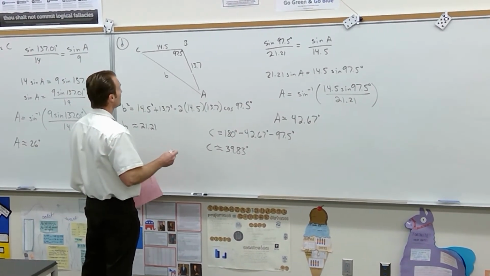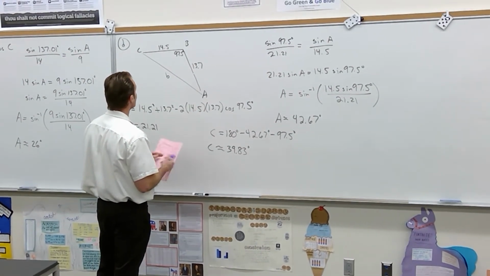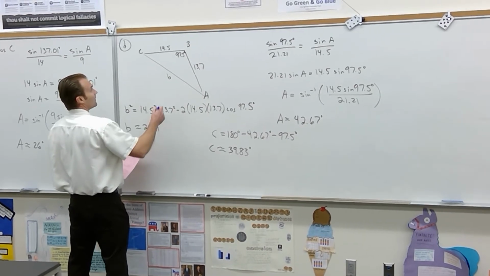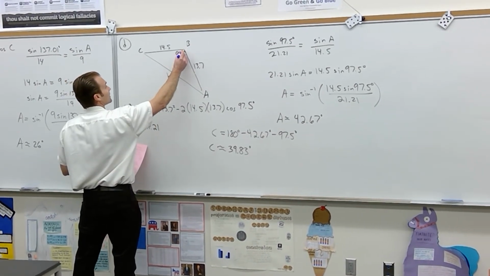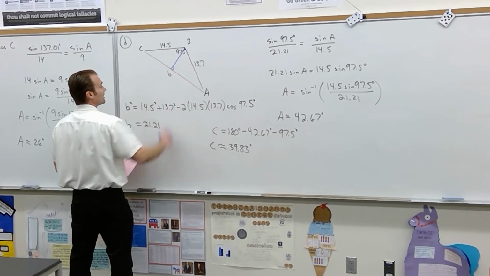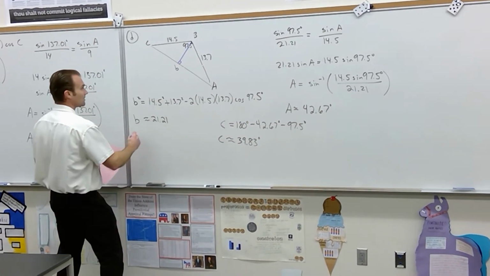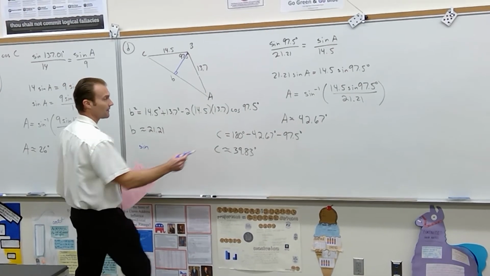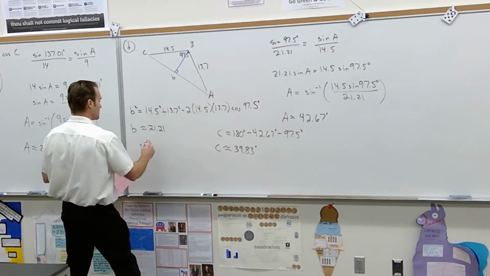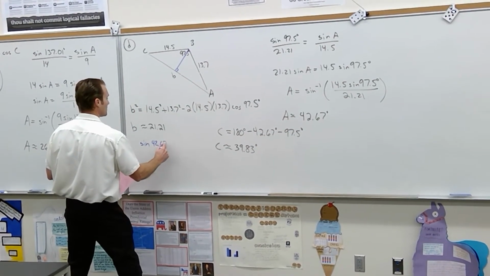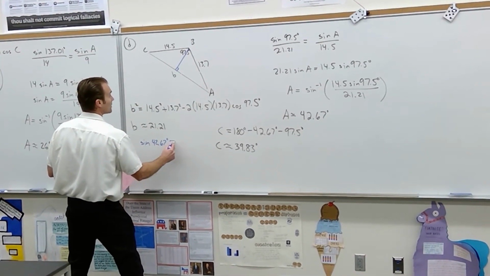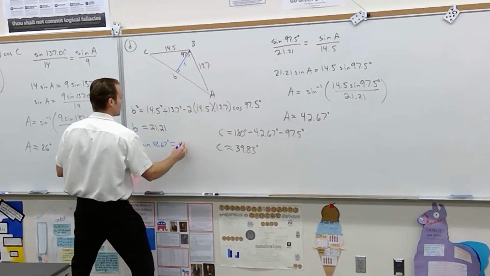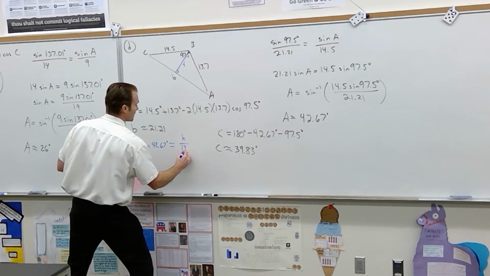So we need to find a height. So we can go like this. There's my height. So I can say sine of, where's A? 42.67 will equal my height over 13.7.